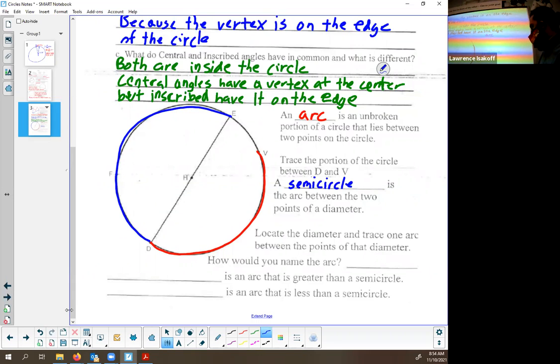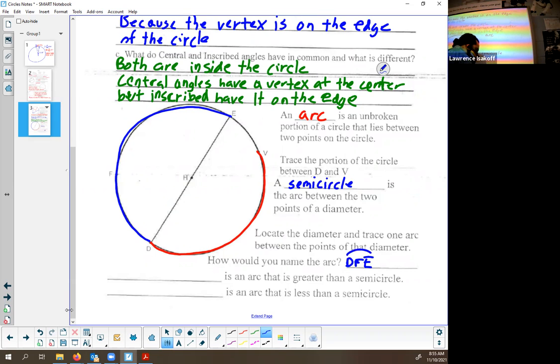So how do we name an arc? Here I went from D to E, right? But I could go D to E this way or this way. Because I went D through F to E, I'm going to call that arc DFE.